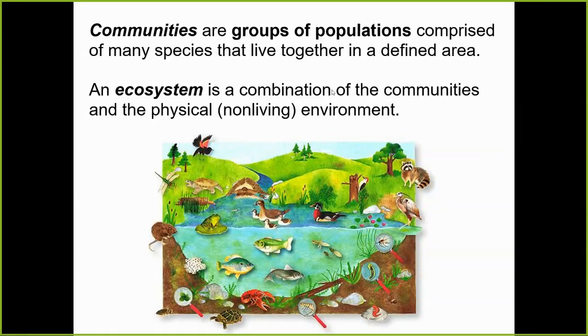So now in an ecosystem, I am including the biotic, the living things, the living populations, the living communities, along with the abiotic, the physical non-living parts. So, what is an abiotic component? Temperature, water, air, humidity, the rocks, the soil.